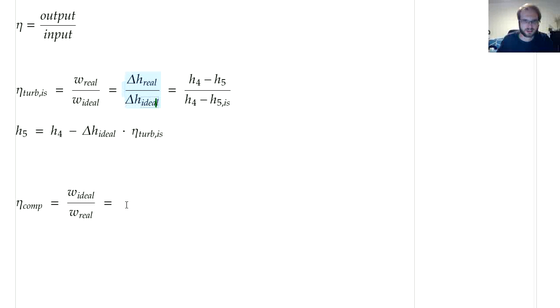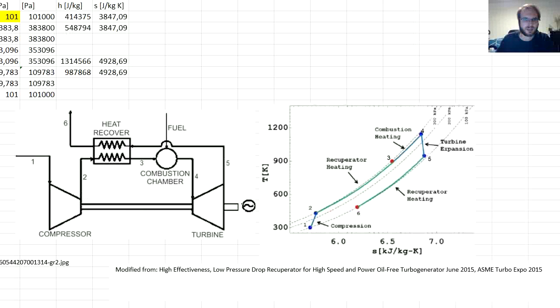So here we just again change the subscripts. And the compressor is between state 1 and 2.